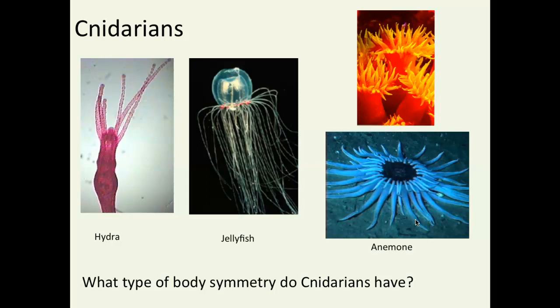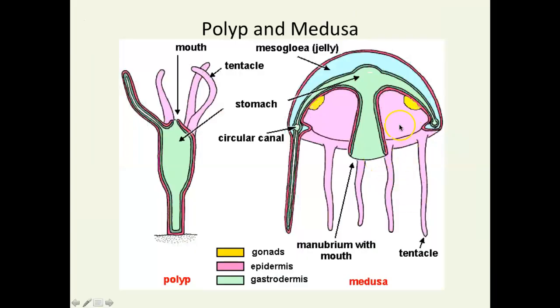So let's look at the body plans. There are two body plans that this phylum has. One is called the polyp, so this is a polyp, and the other body plan is the medusa. And really they're kind of the flipping of each other. If you flip a polyp, you kind of get a medusa. A polyp is usually sessile, which means it does not move.